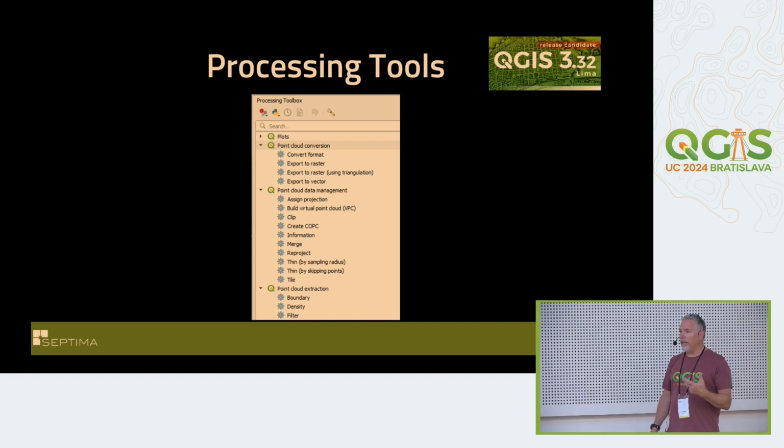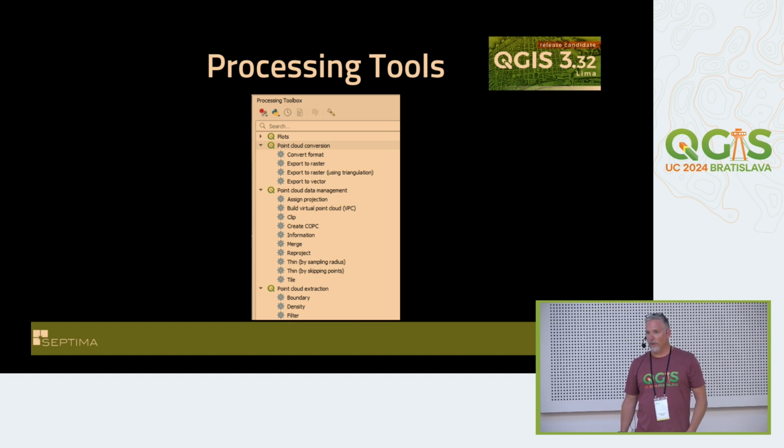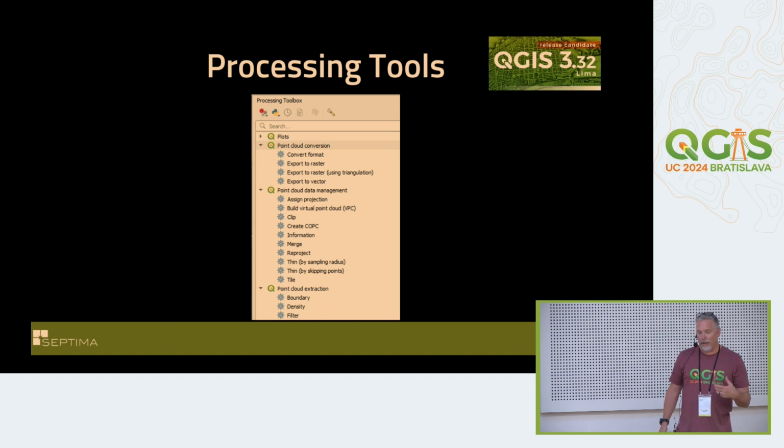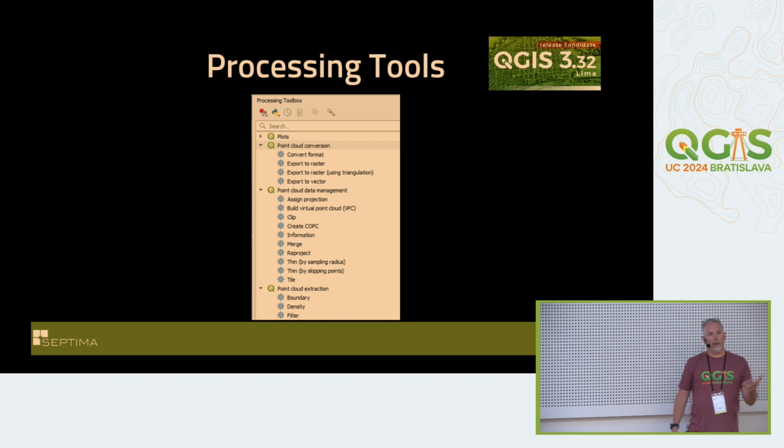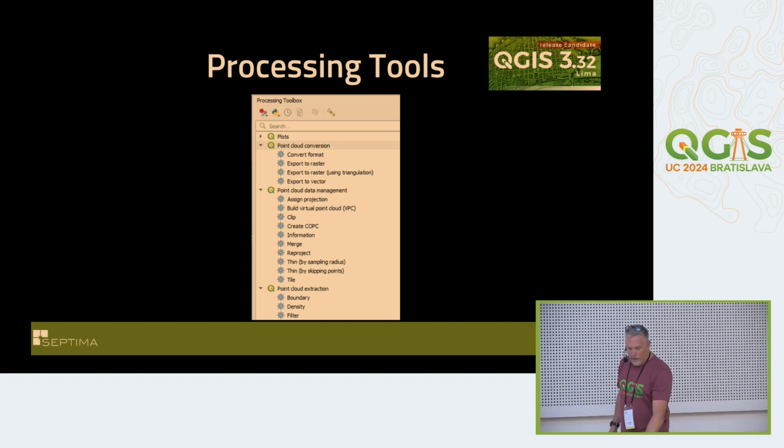So there's a lot of native tools in QGIS we can use to process. So the days of having to use a third-party plugin like LAStools or something are, I think, coming to an end, largely.